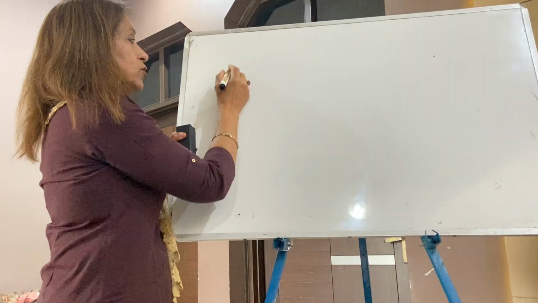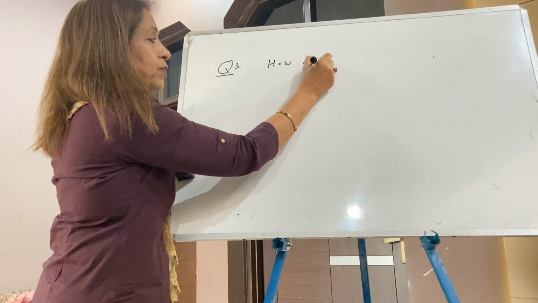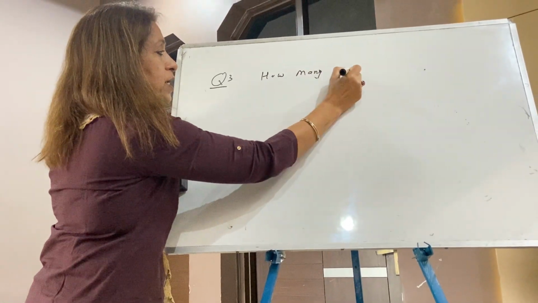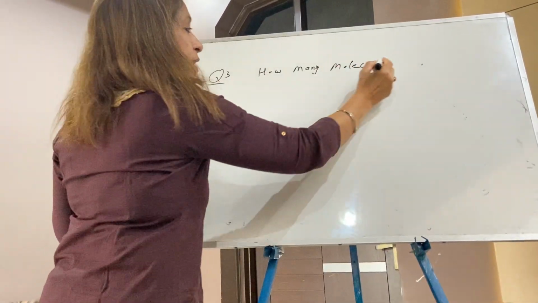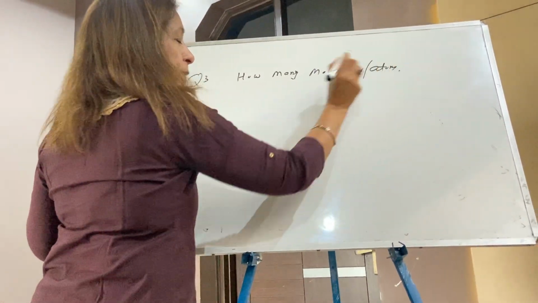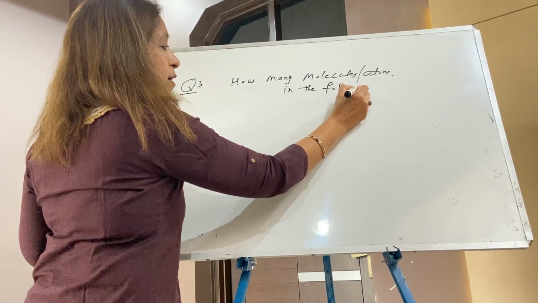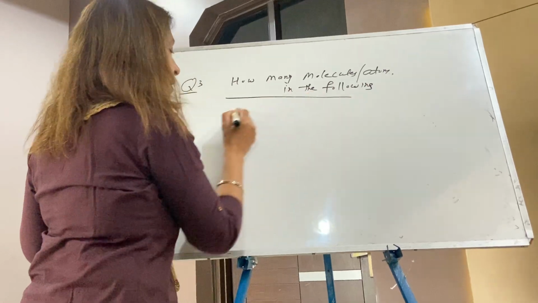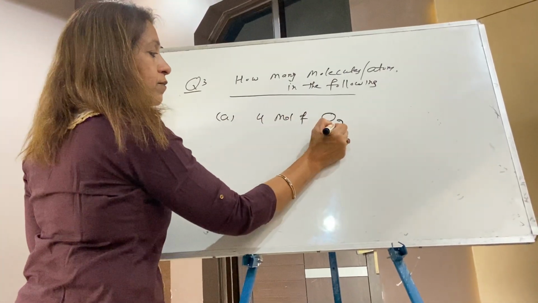In the third numerical, question number 3, they are asking how many molecules in the following. How many molecules? Maybe they ask atoms. Same formula you apply. In the following, how many molecules or atoms in the following? A part, 4 mole of oxygen.